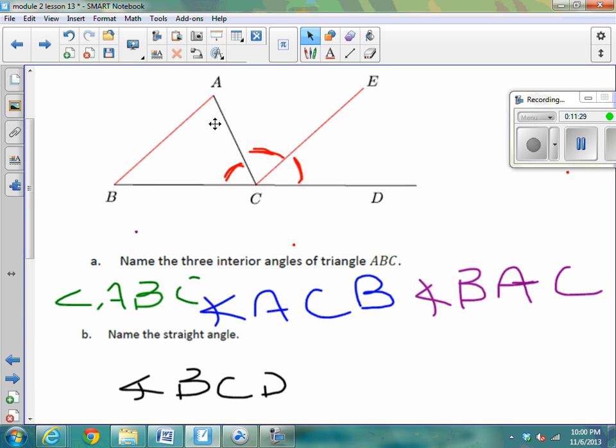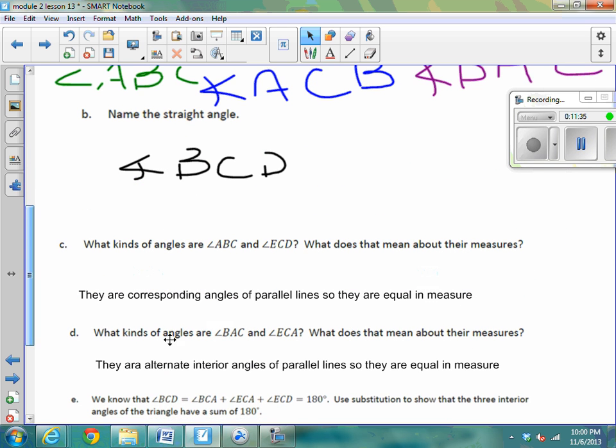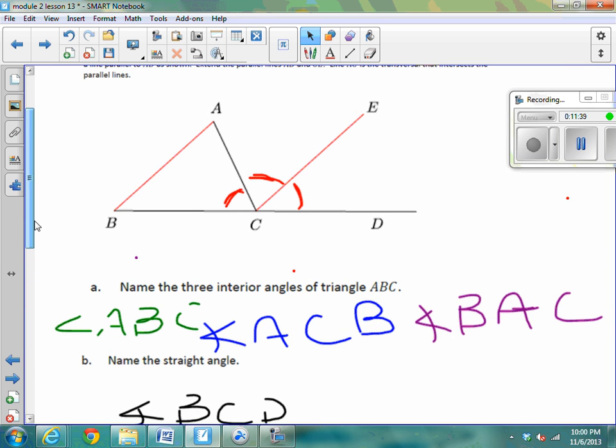We already said that angle BAC was the same thing as ECA, which is this angle right here.